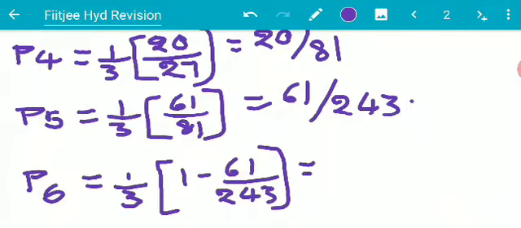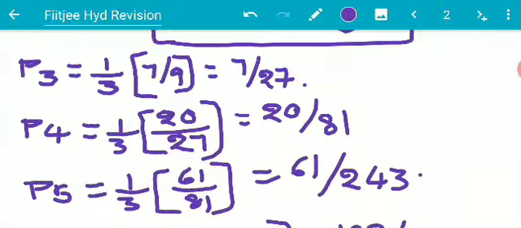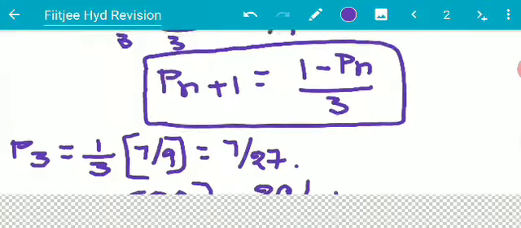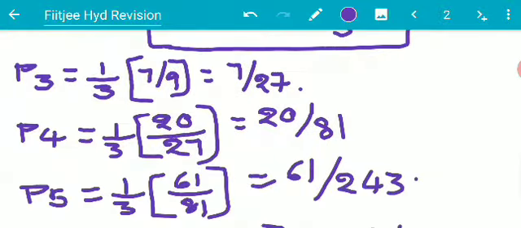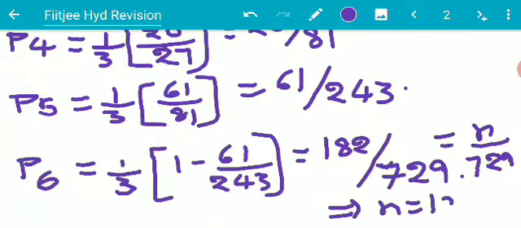So that is 182 by 729. It's nothing but first, P1 itself is taking 1 unit, so P2 2 units, P3 3 units. So P7 is covered. They have given this 182 by 729 as n by 729. So n is equal to 182.